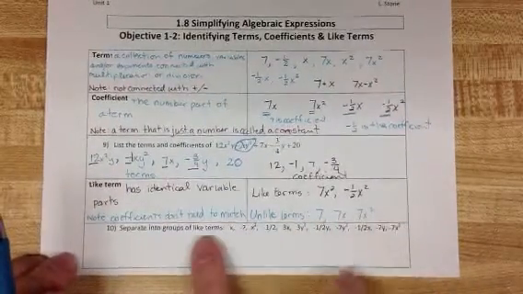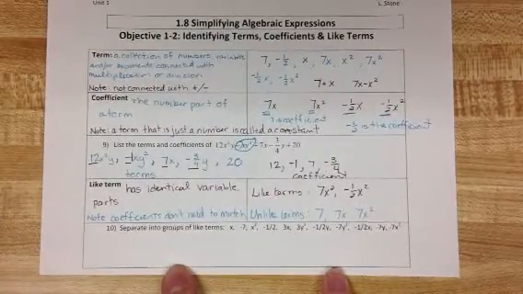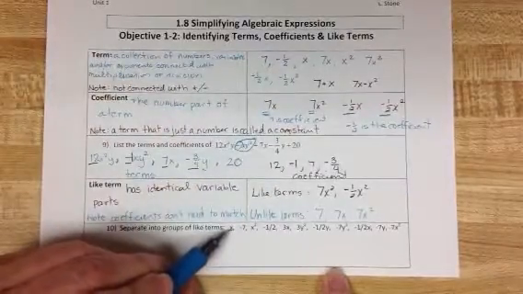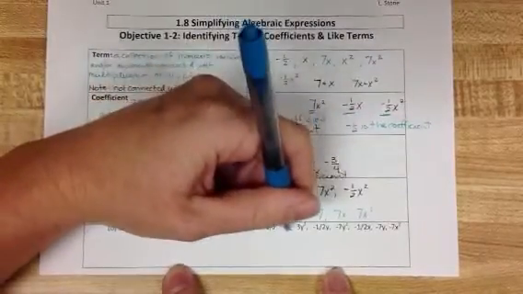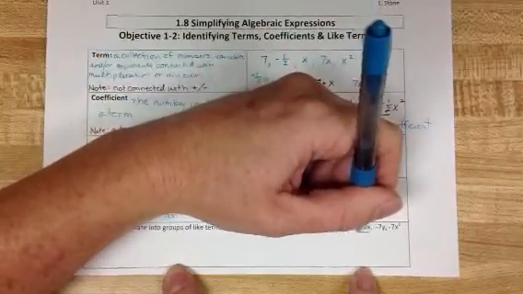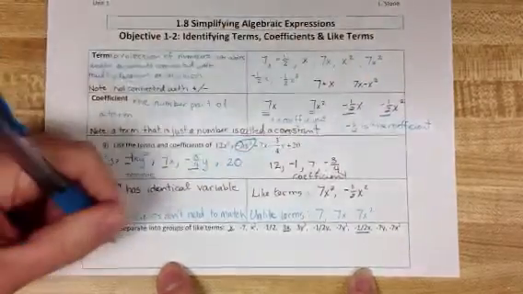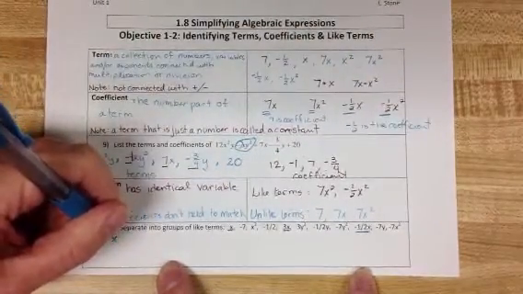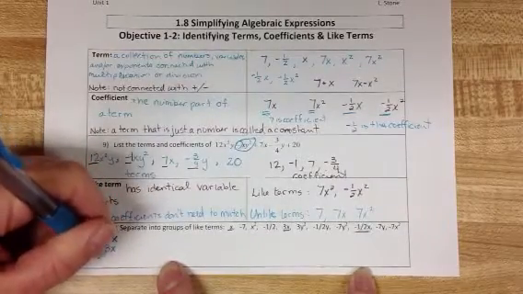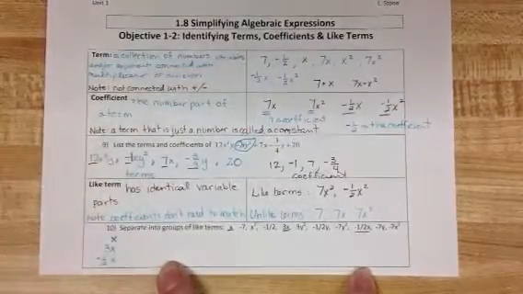So if we separate our group down here into like terms, remember I'm looking only at the variable parts. So this variable has a coefficient of 1, it's 1x. Here is a 3x, and here is a negative 1/2 x. So I'm going to put those three on a list together. x, 3x, and negative 1/2 x are all like terms.